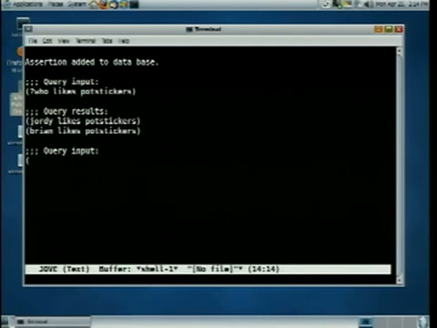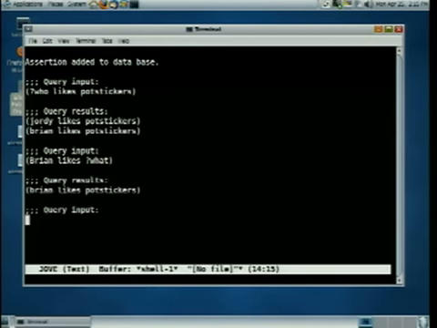So I can say, Brian likes ?what. By the way, I'm trying to use meaningful variable names here, but as always in programming, the query system doesn't care what name you use. It could just as well be X and Y, as far as the query system is concerned.